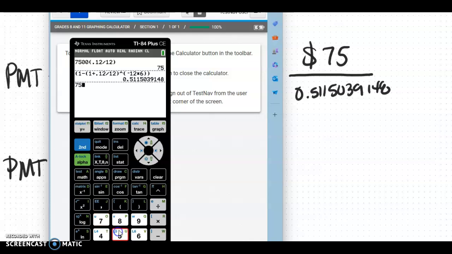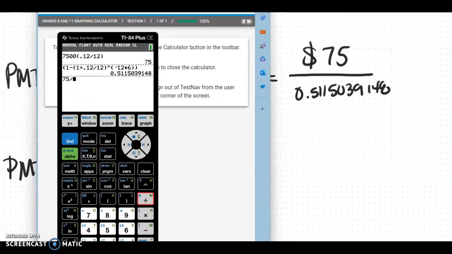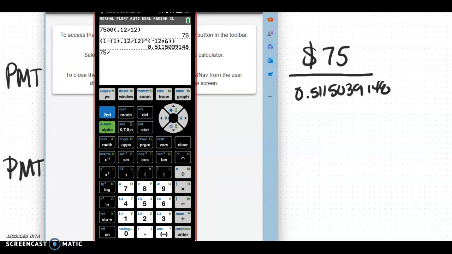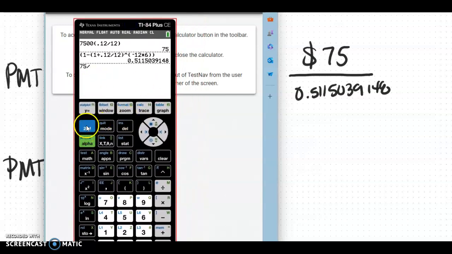But if you do 75, and then instead of retyping all of this, there's a button on the calculator. You see at the bottom, above the negative sign, it says ANS. So you can pull down the previous answer by hitting second and then the negative sign. And then you don't have to retype that. And so there I get the same answer, 146.63.